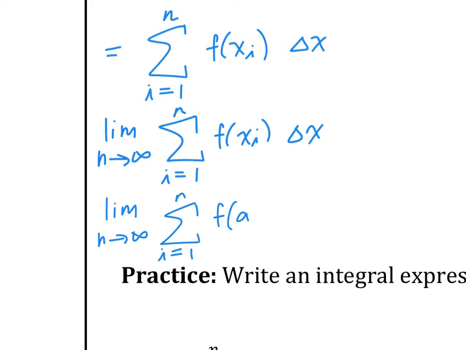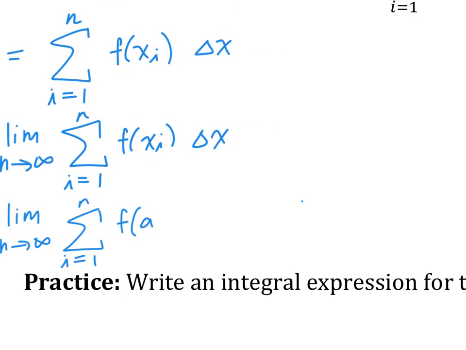Remember that delta x is the same as (b minus a) over n. That's how wide each one is. So you're going to start at a. Your next point where you're going to take the height is going to be delta x away.